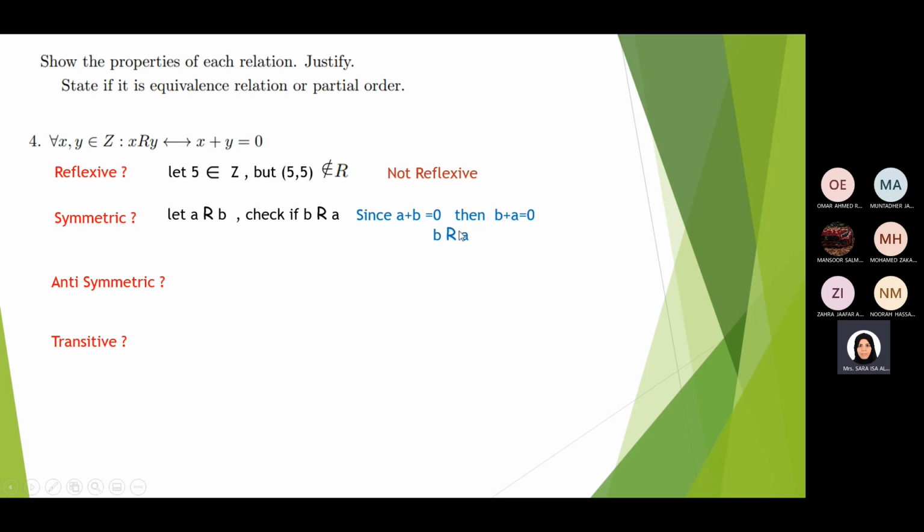So in this case B R A. Okay, so I can conclude B plus A equals 0 if A plus B equals 0. So this is a symmetric relation.